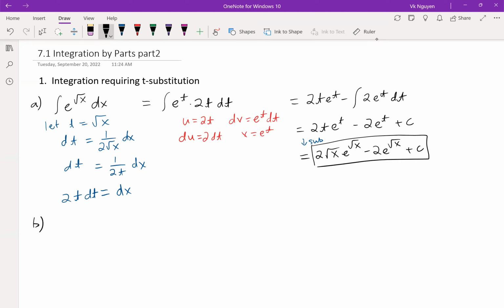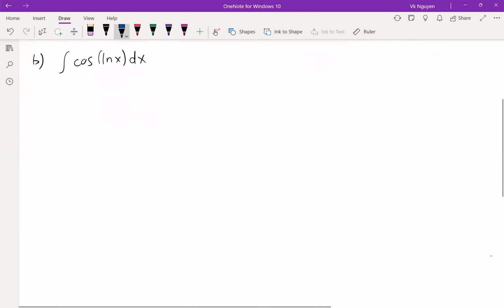B. The integral of cosine of ln(x) dx. Oh, this looks pretty difficult. The trick is we can do the t-substitution. Let t equal ln(x).